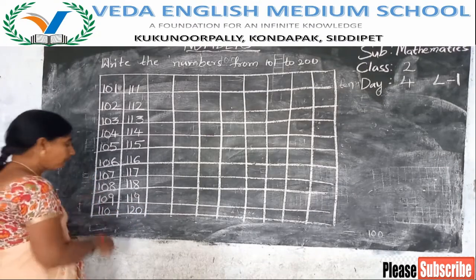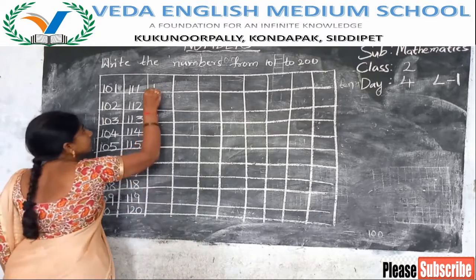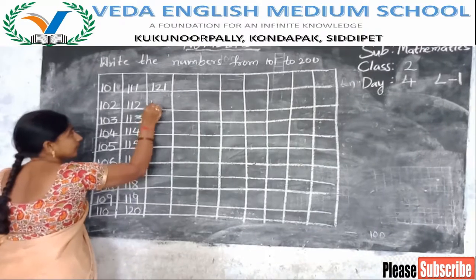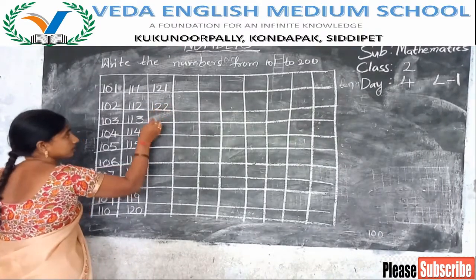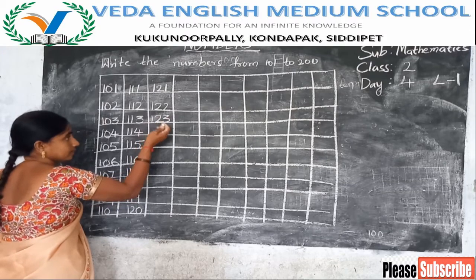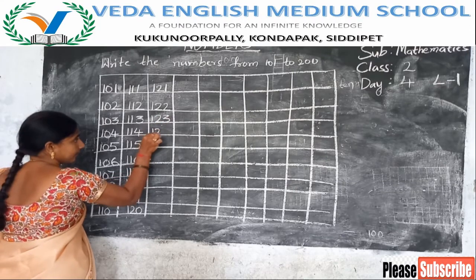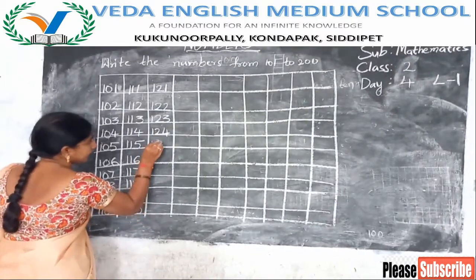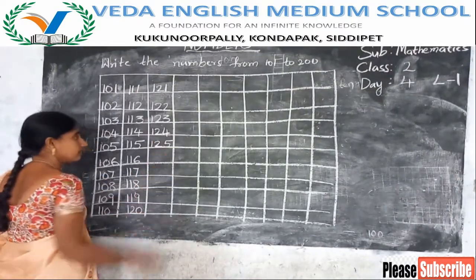120. After 120 is 121, 122, 123. The next number is 124, 125.